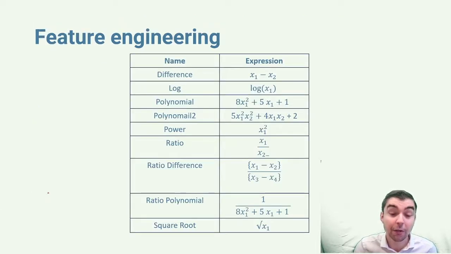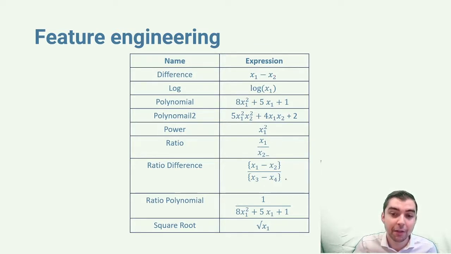Let's talk about feature engineering. Feature engineering is when you create new variables from existing variables. So this table shows you a number of mathematical expressions and their formulas on the right. These are all derived on your predictor variables, the x's.